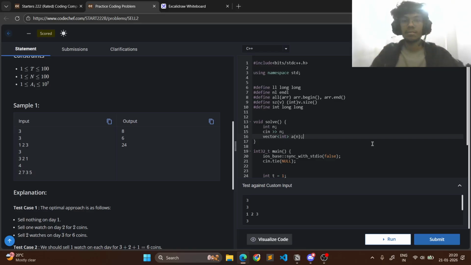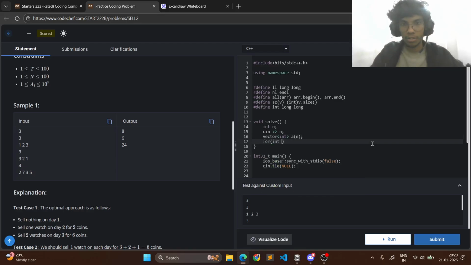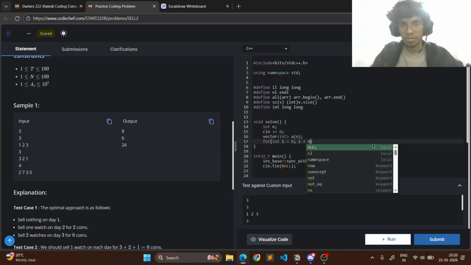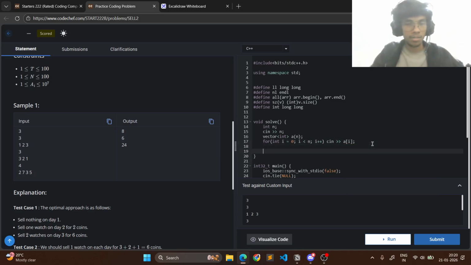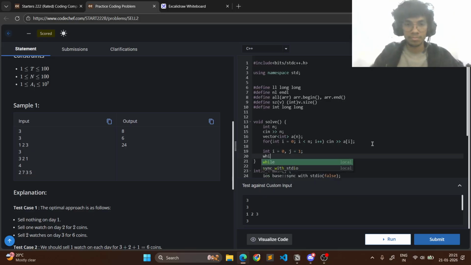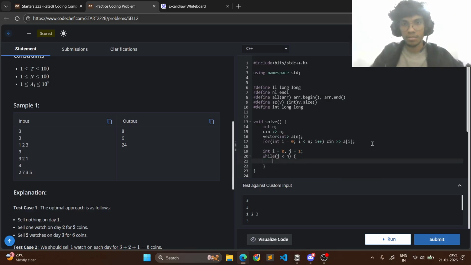Then it's like a 2-pointer approach. Plus c[i], and i equals to 0, and len equals to 1.